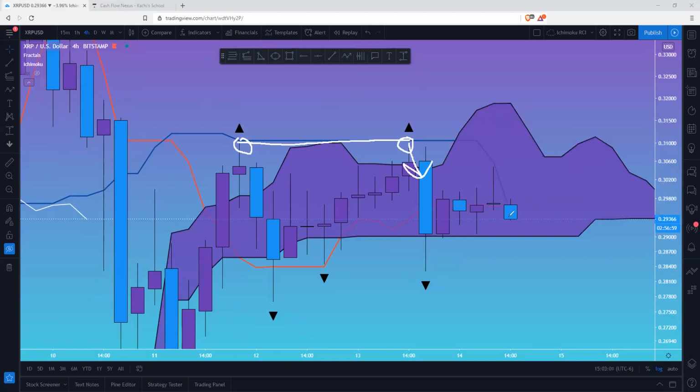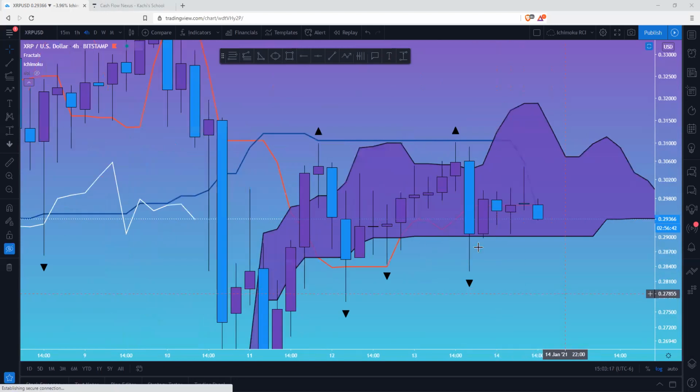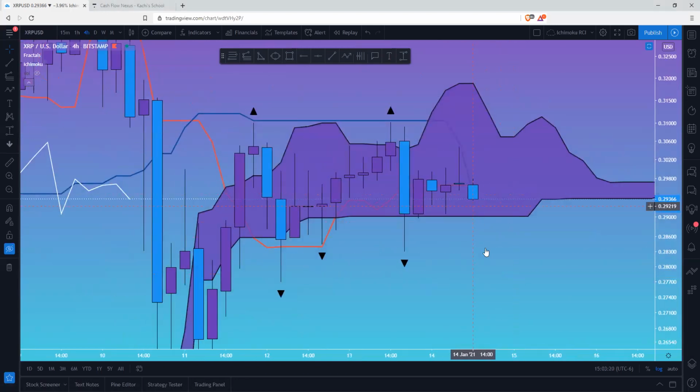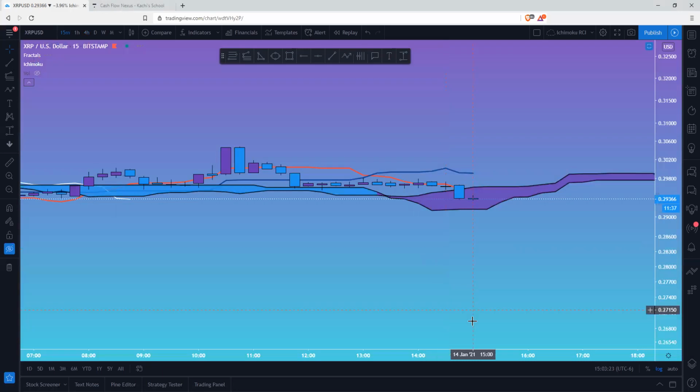All right. So if we do come back a third time and it rejects again, this is going to be a triple top, which is a really strong indication of the market moving lower. But we don't have that yet. We're just going by what the market's giving us currently. And right now, the market is currently saying it wants to go lower.